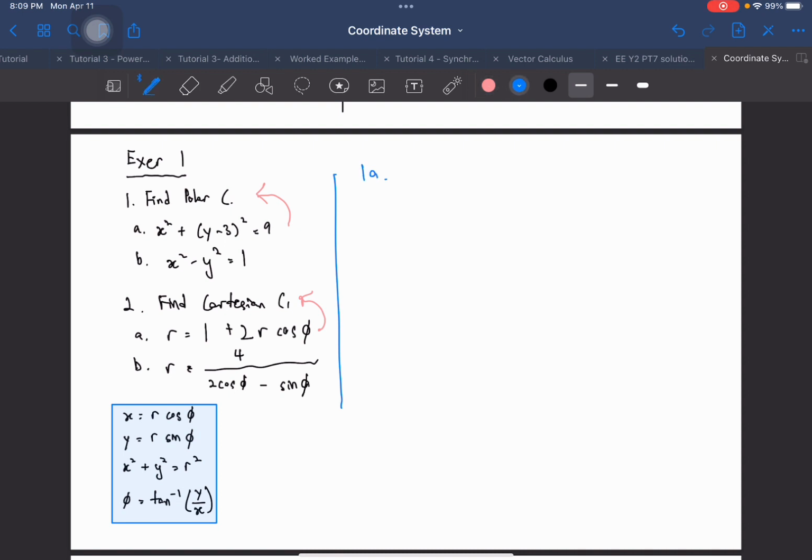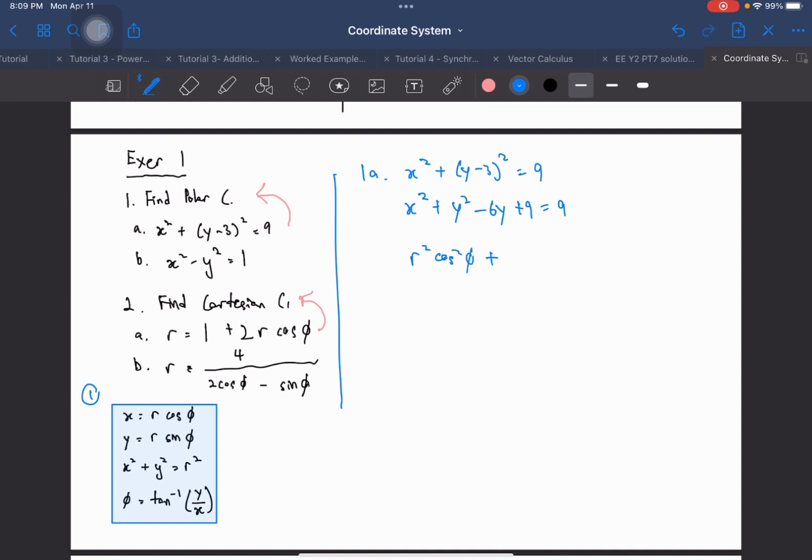First one, let's write down the question. Next, we expand it. Now we just substitute in the formulas from here. What is x? x is r cos phi, so x squared is r squared cos squared phi, since it is squared, right?